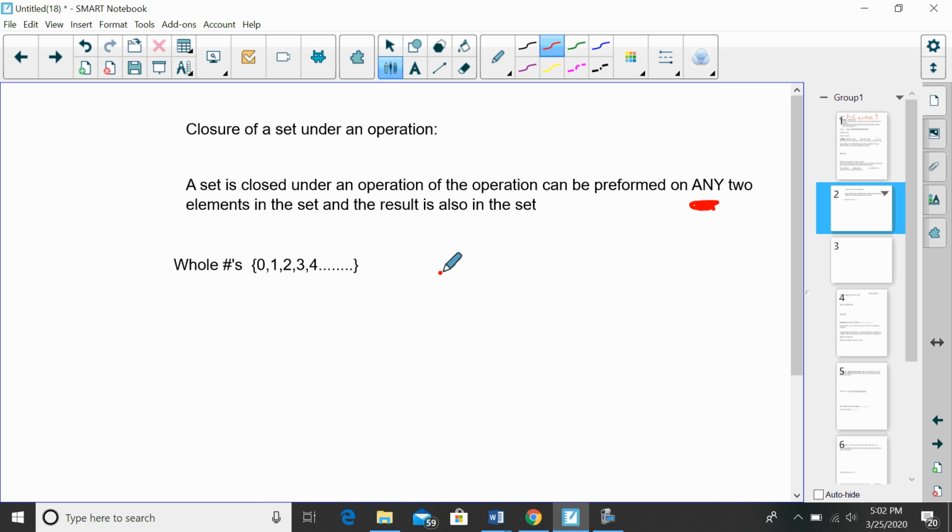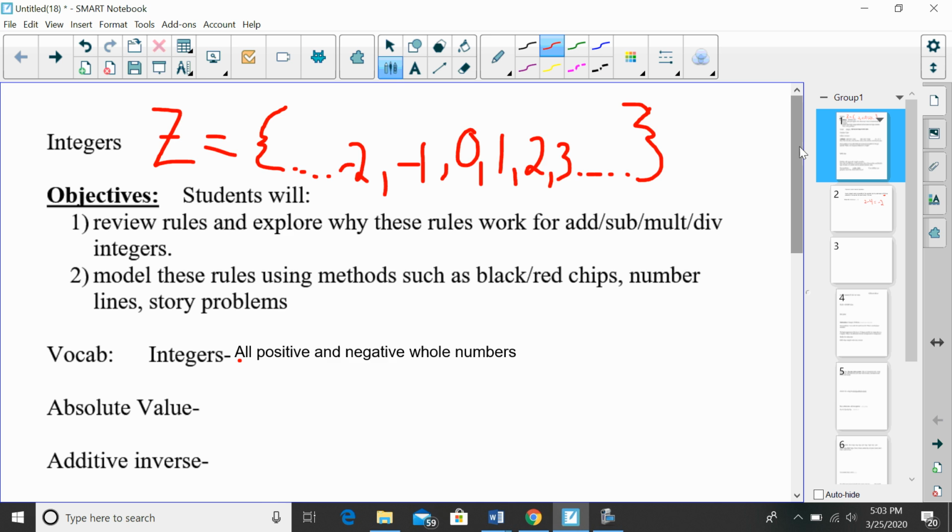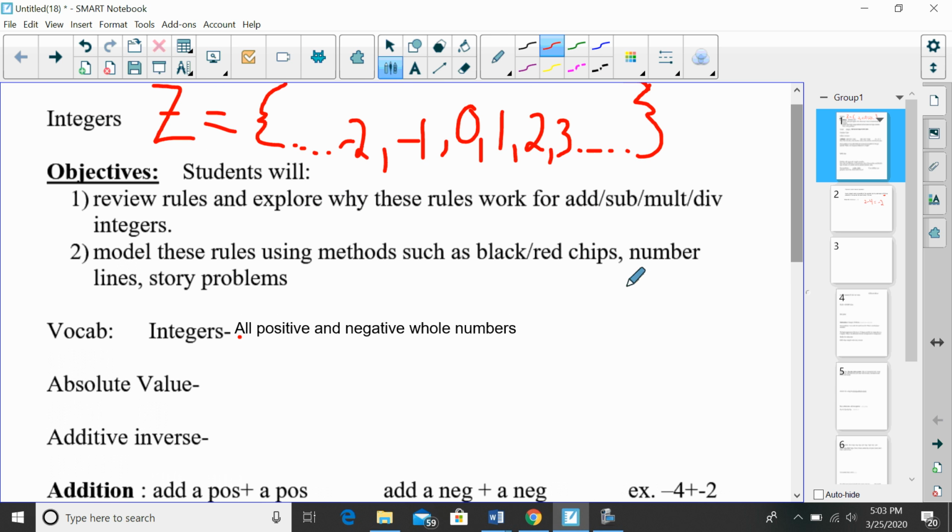Because if I add or multiply any two whole numbers, I get another whole number. But as soon as I define subtraction, it has to work on any two numbers, right? So, well, 4 minus 2, that wouldn't be a problem, but any numbers in any order. So as soon as I define subtraction, I have now subtracted my way out of this set. That means as soon as I have the operation subtraction, I need a new set of numbers. And that set of numbers is the set of integers. So integers are closed for addition, subtraction, multiplication, not division.